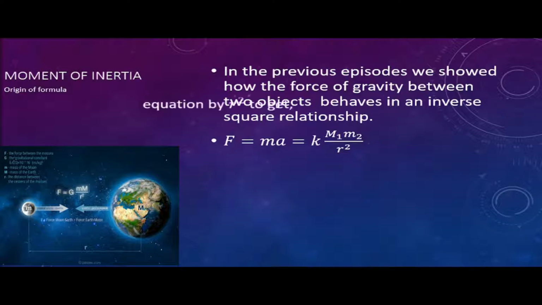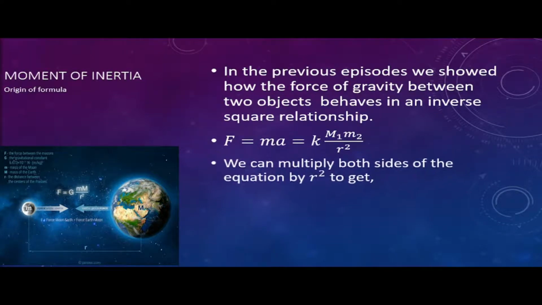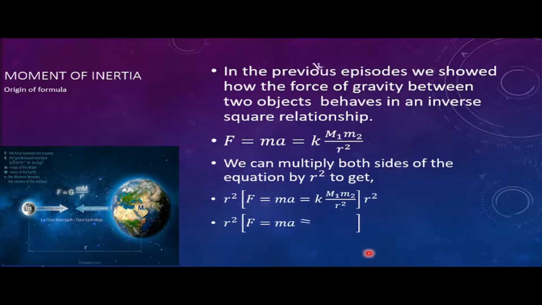We can multiply both sides of the equation by r squared to get, and then we will see that r squared here will be cancelled out and we will arrive at a new formula.